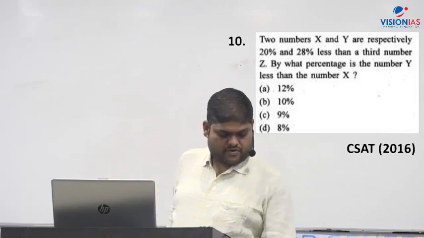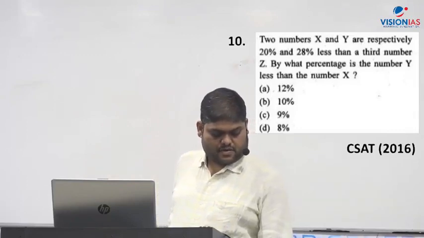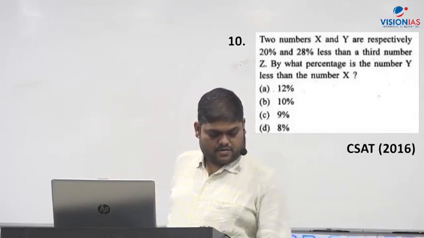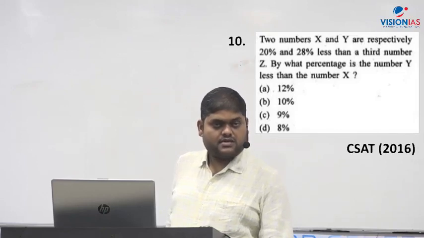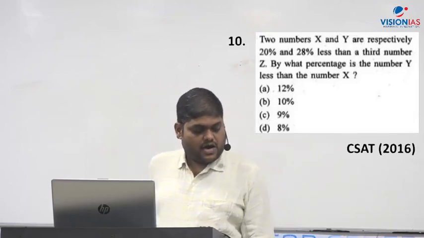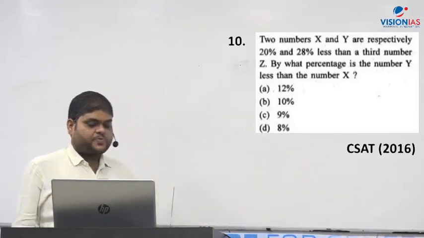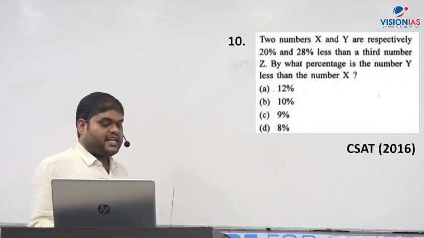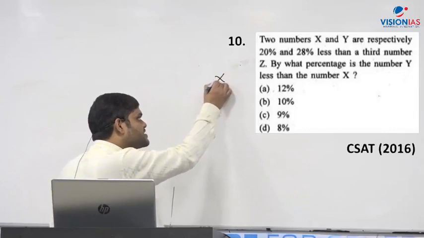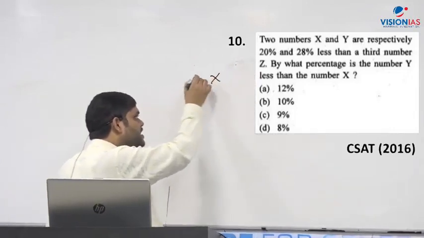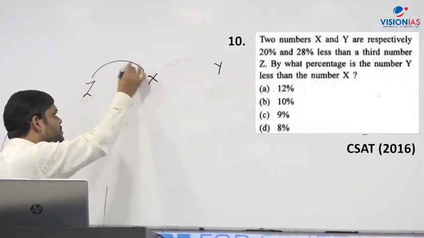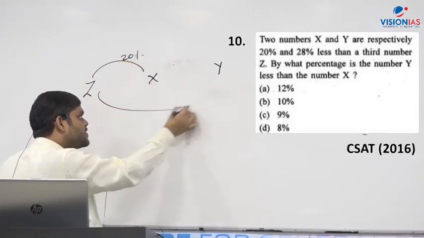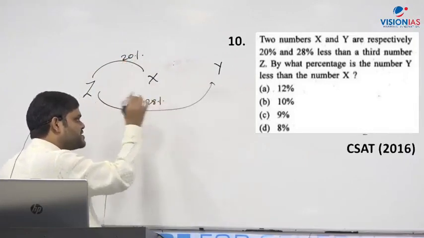Please solve. Which question was there? Question number 10. Two numbers X and Y are respectively 20% and 28% less than a third number. X is 20% less, Y is 28% less.